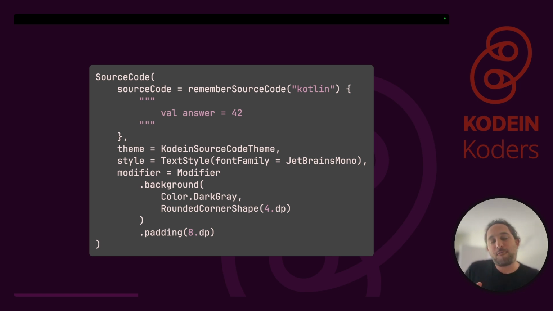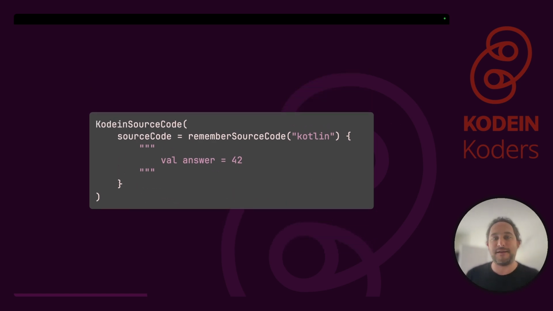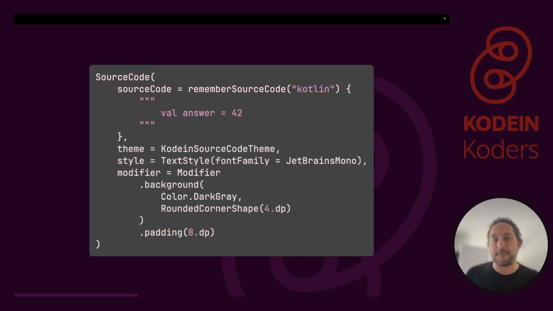Now, the problem with this code is that I have to provide each time the theme, the style, and the modifier each time I want to display source code. And this is not optimal. But the beauty of Compose is that it encourages us to compose our composables. So for this presentation, for example, I created this code-in source code composable. It's a simple composable that encapsulates all the parameters that I'm giving to source code.